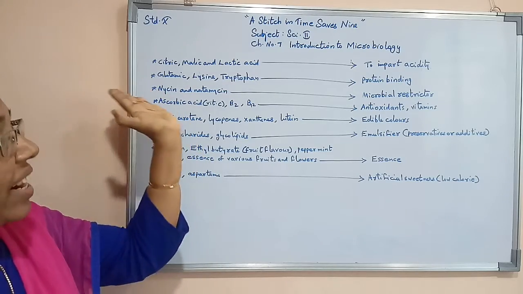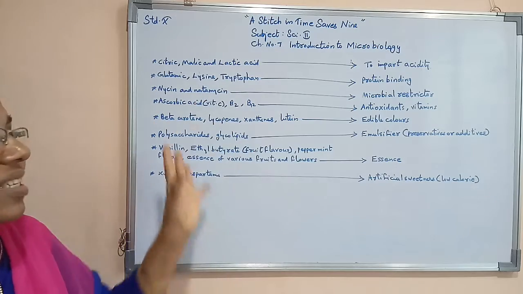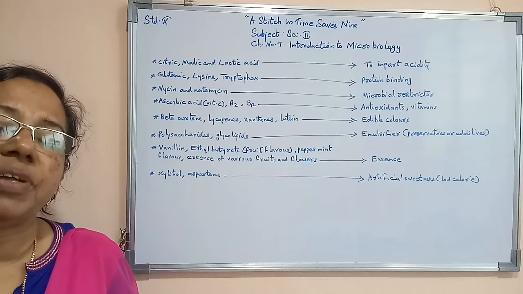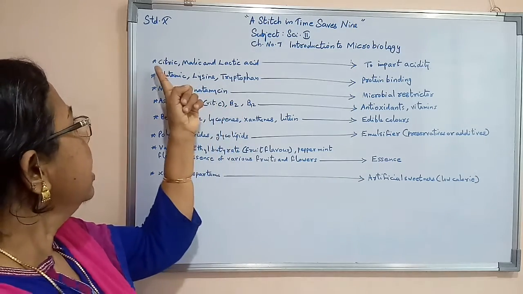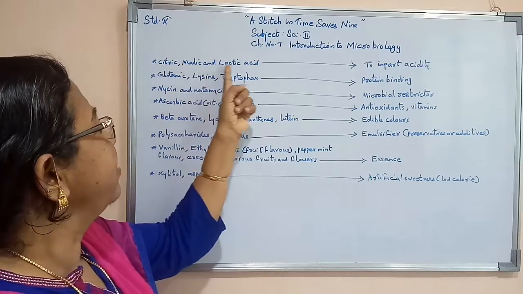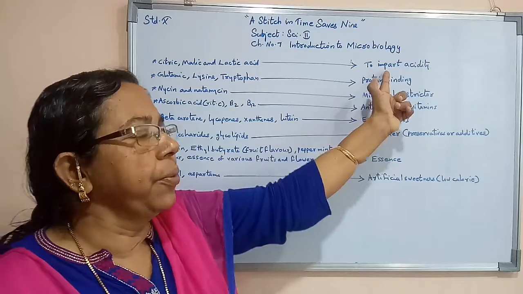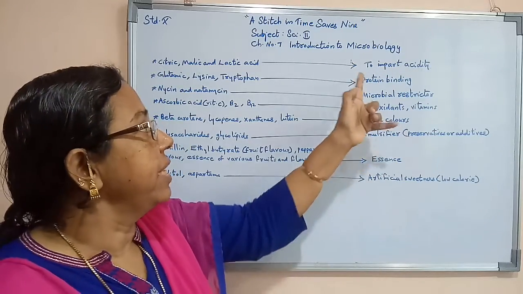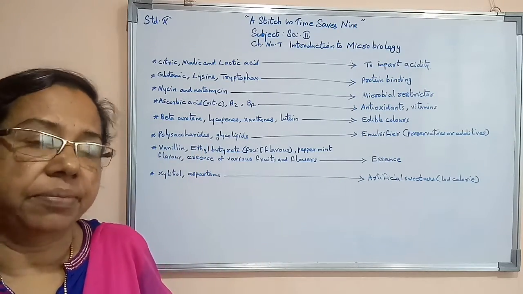Now, what are the different roles of all these substances made by microorganisms? We'll see. Citric acid, malic acid as well as lactic acid impart acidity to the food items.